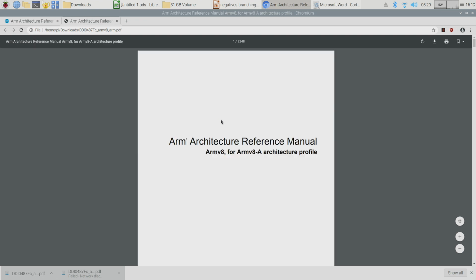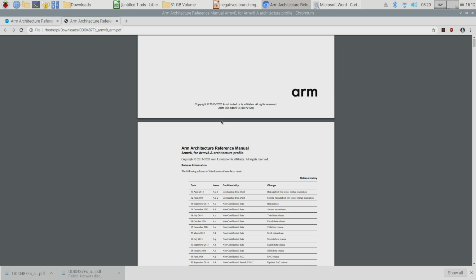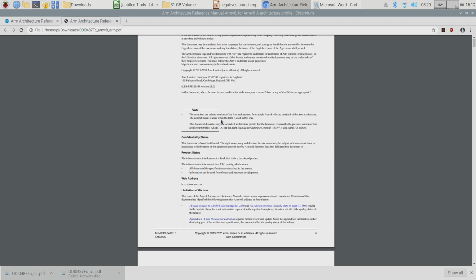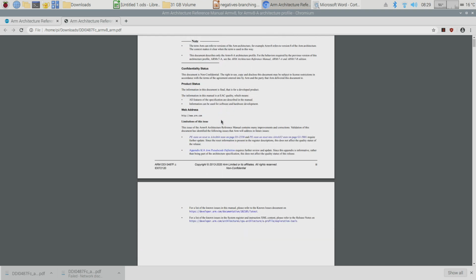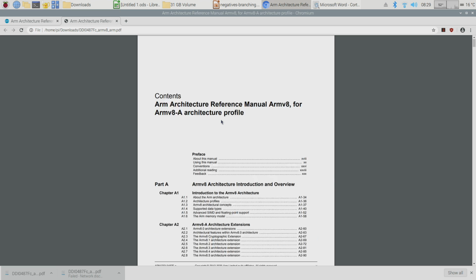Okay, hopefully this will be the correct file that I'm looking for. ARM's website doesn't really make it super easy to find all of the references. And what's most annoying is that they change them all the time. Yes, except it's hundreds of pages.